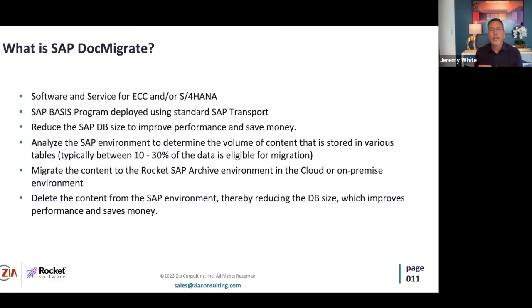This is right off the bat, very low-hanging fruit, focusing just on document content, which we can typically migrate out. Most of these projects are less than 90 days. So it's really straightforward: get the document content out, automatically save money, and automatically start improving the performance of the SAP environment, while also reducing the costs and time associated with migrations, backups, recoveries, and so on.